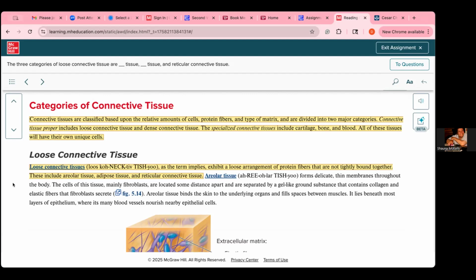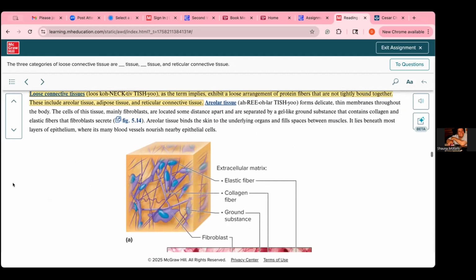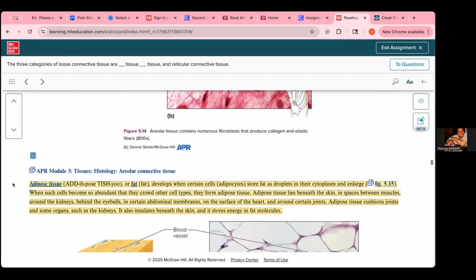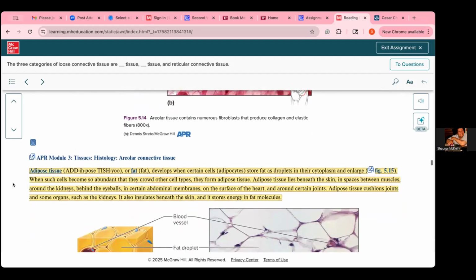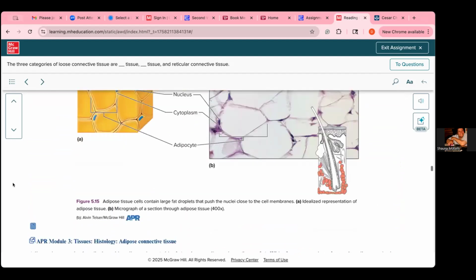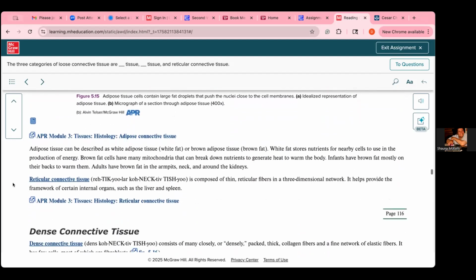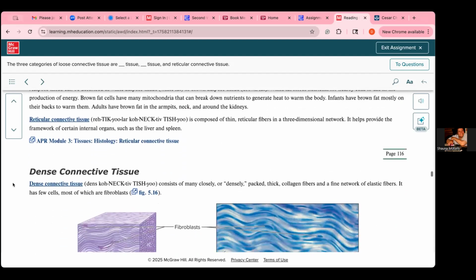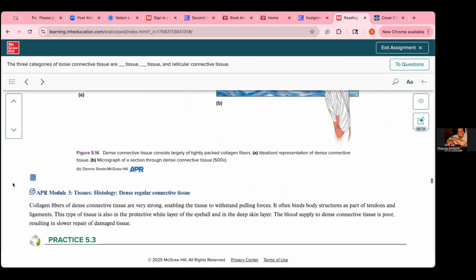So there's loose connective tissue. Scroll down. Then, okay, that's still part of loose connective tissue. So I want to see what their categories are. Dense connective tissue consists of loose connective tissue, dense connective tissue. What's the third one?